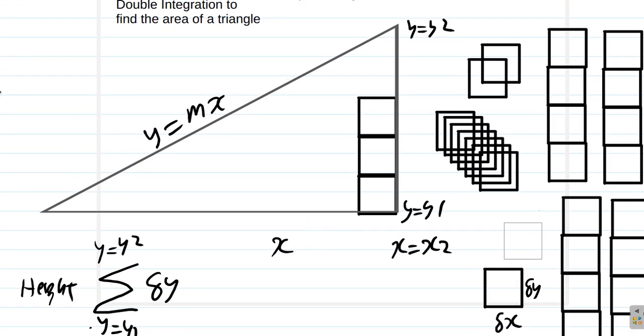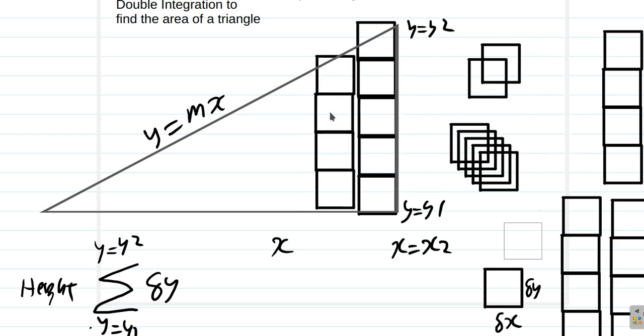Now, as we keep stacking them up, we have one here. Let's put another one here. Part of it goes outside. Then after that, we need to have more of them to the left in order to fill out the entire triangle.